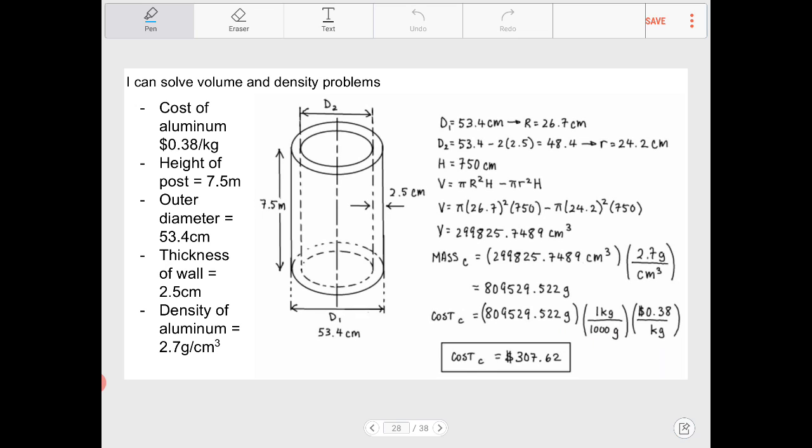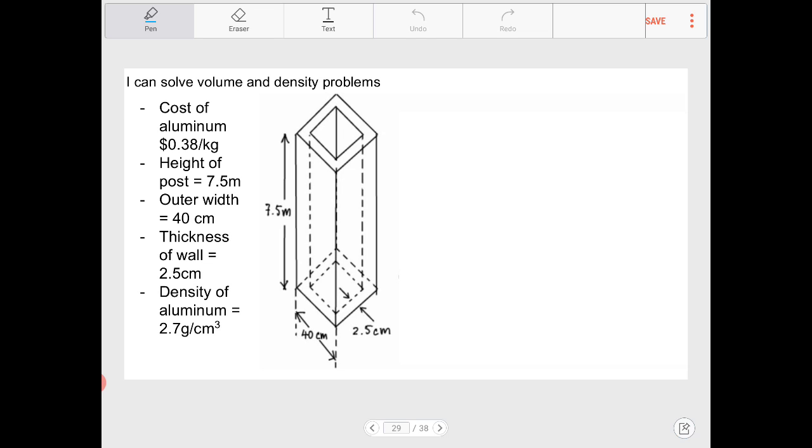I will now need to repeat the process for the rectangular post. So again, take the outer minus the inner to get the volume. The volume of a rectangular prism is just the area of the base times the height. The area of the outer base is 40 squared.